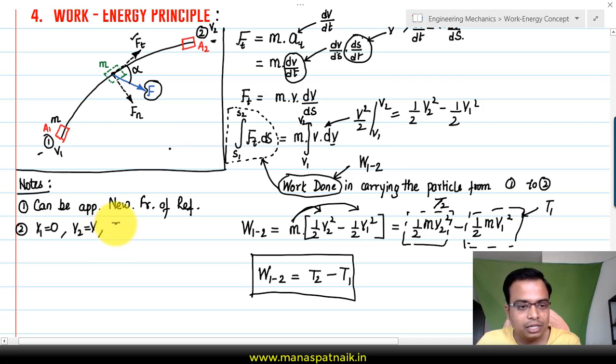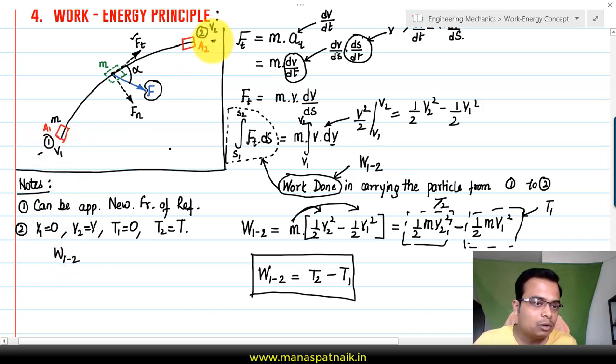In that case, initially the kinetic energy will be 0, and finally there is going to be some kinetic energy that is equal to T. In that sense, what we are essentially trying to indicate is this: the work done in carrying the particle from the state of rest to a state of motion, or from a state of 0 velocity to a state of some velocity v, is equal to T, that is half mv square.